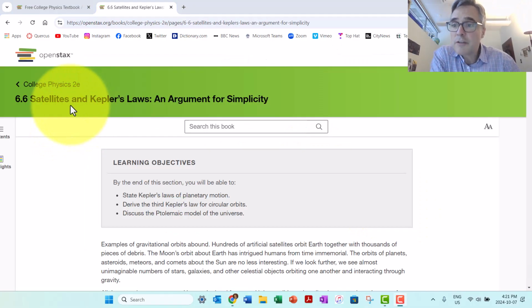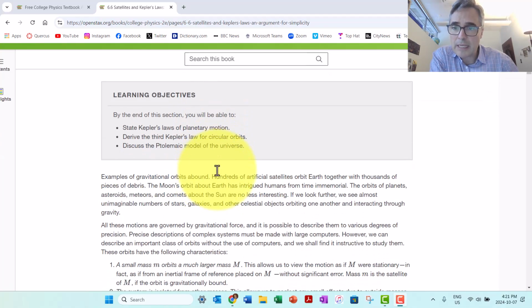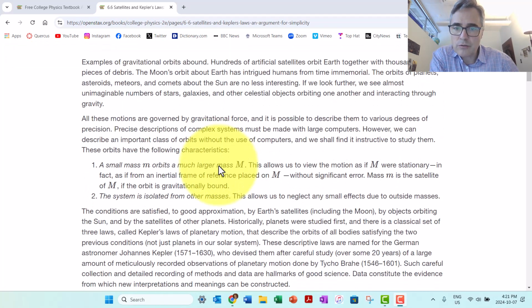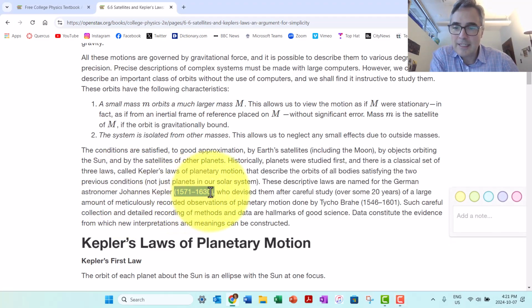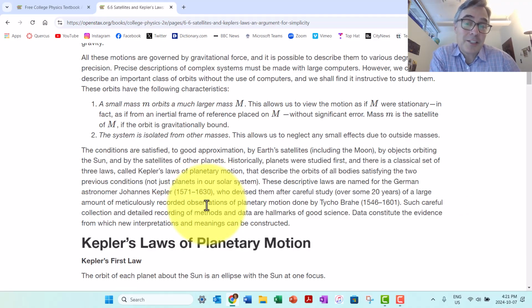And the last section of chapter 6 is about Kepler's laws of planetary motion. So basically, there is an old astronomer named Johannes Kepler, and if you look carefully at these dates, he died in 1630, whereas the Principia, published by Isaac Newton, that established the laws of gravity, was published in 1687, well after Kepler had died.